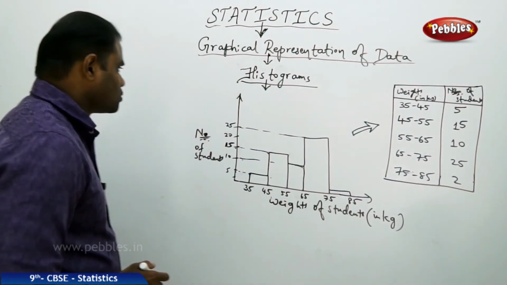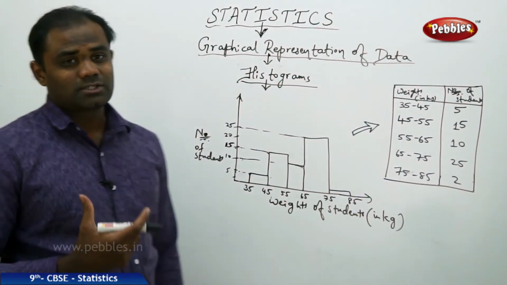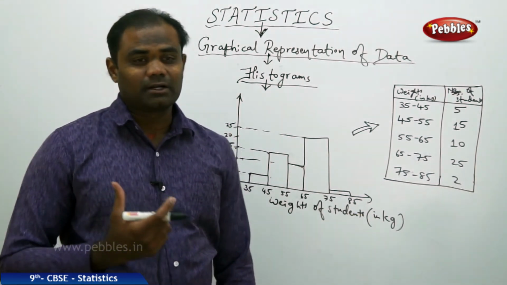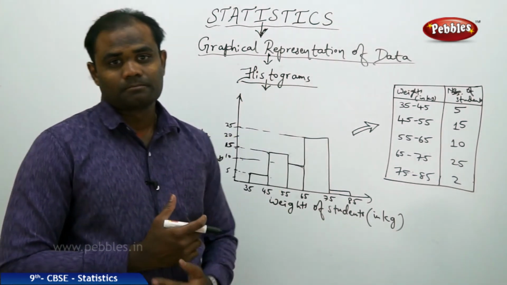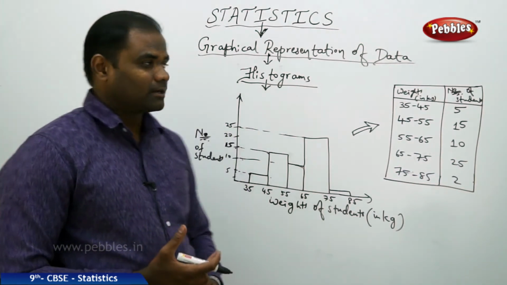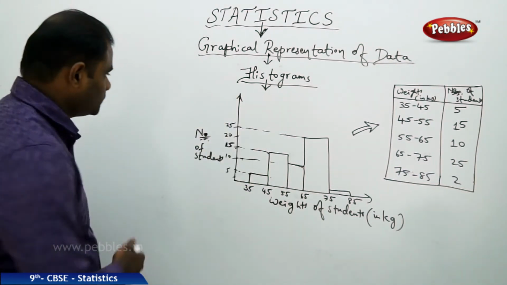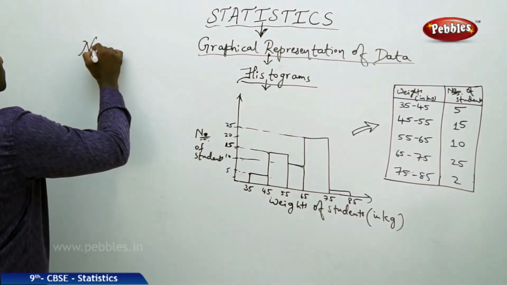It is very important to note, when we take the first graphical representation, that is the bar graph, connected with the second representation, the histogram: what is the difference between a bar graph and a histogram? Let's see the note.